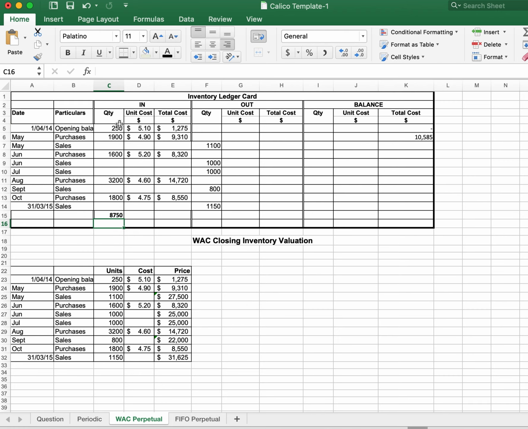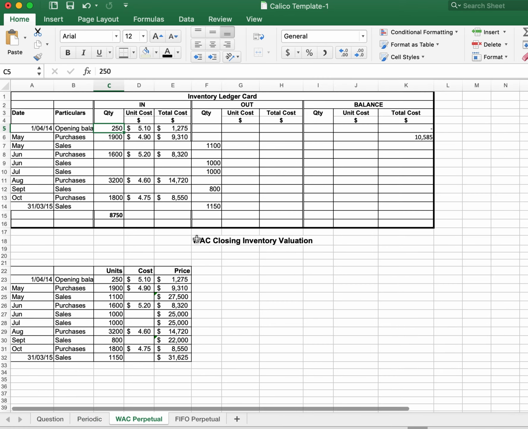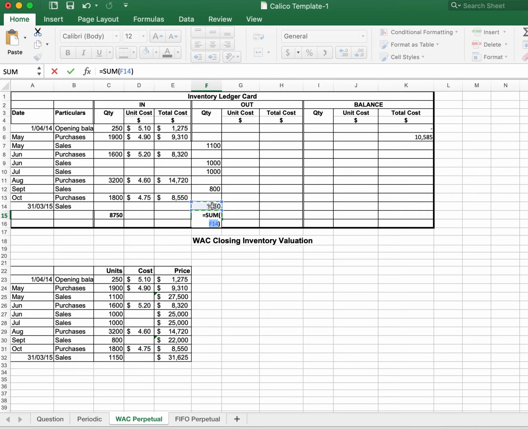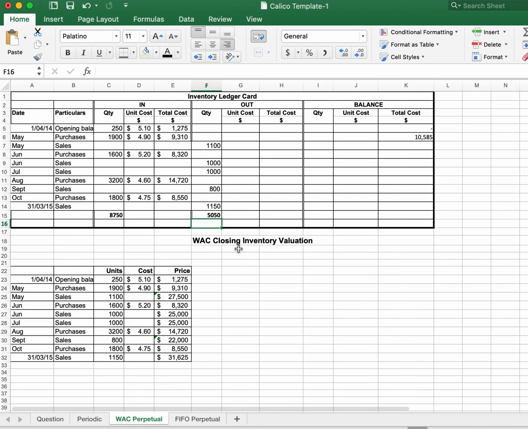I've missed the top one, right? So always have ways to check. Okay, the amount of sales should be that. Again, check back to here. It agrees with the previous exercise of that amount.